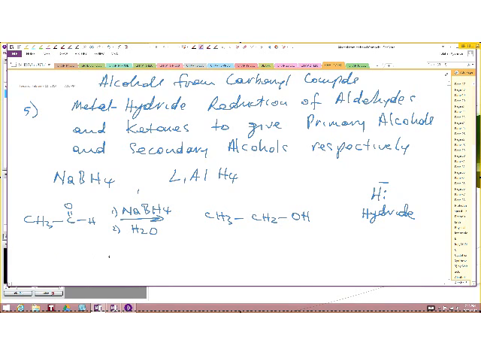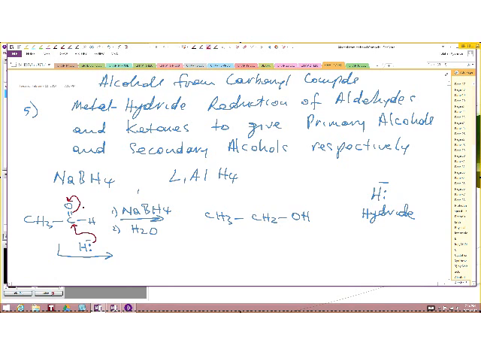So let us look at what happens here. The hydride comes in as a nucleophile. If I ask you for the mechanism, just start with the hydride, because that is what this reagent will do. That's what they do, supply the hydride. The hydride comes in, acts as a nucleophile, attacks the carbonyl.